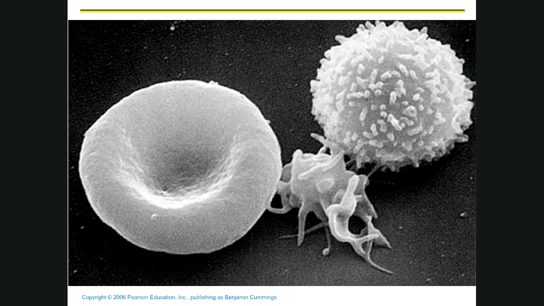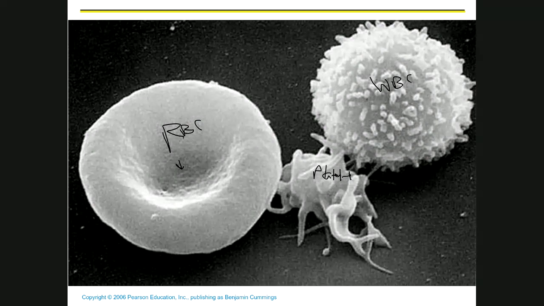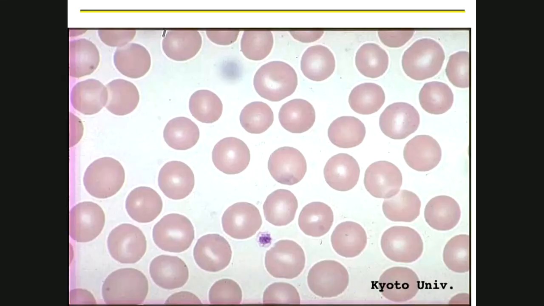So here's another picture. There's a red blood cell, and you can see that sunk in area right there. That's what I was talking about. There's a white blood cell, and then here's a platelet. So, red blood cells, tons of them. There's a platelet.